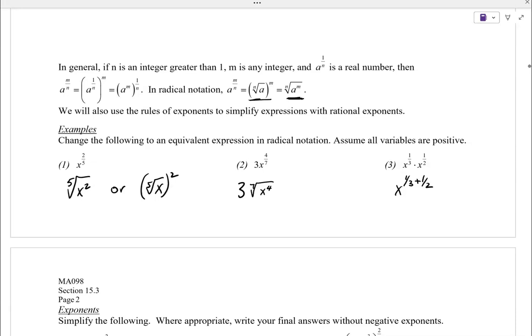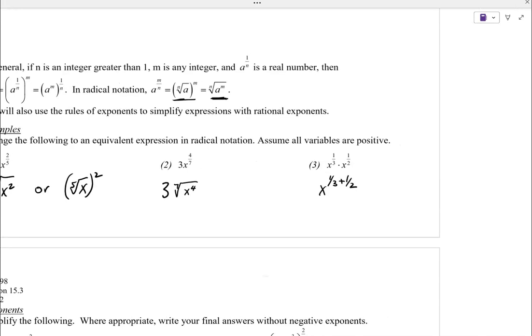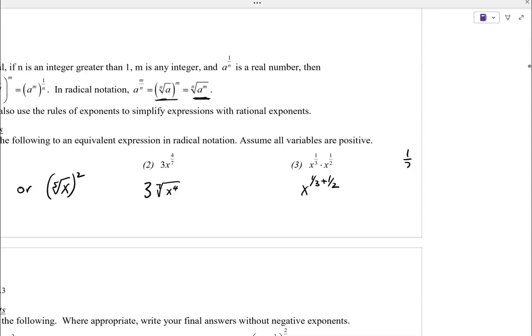I need to add those fractions together. I need to get a common denominator, right? Let's do that off to the side here. I want to do 1/3 plus 1/2. What would your common denominator be? 6. So the first one is 2/6. The second one is 3/6. So we'd have 5/6, right?